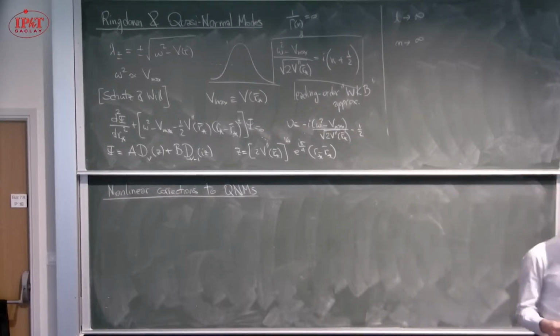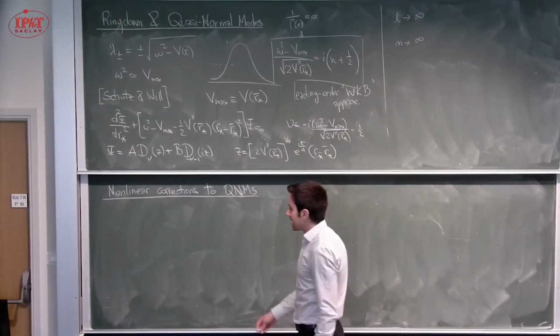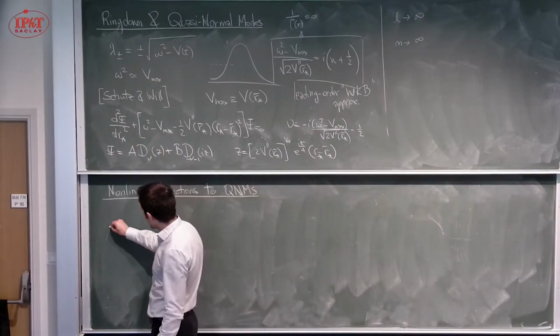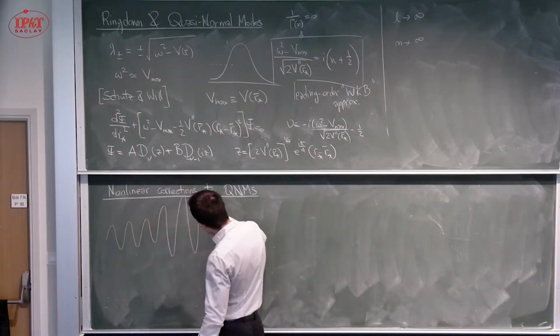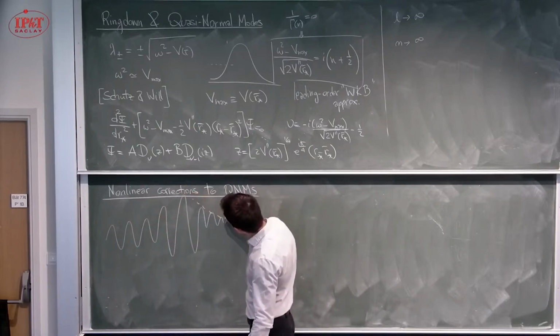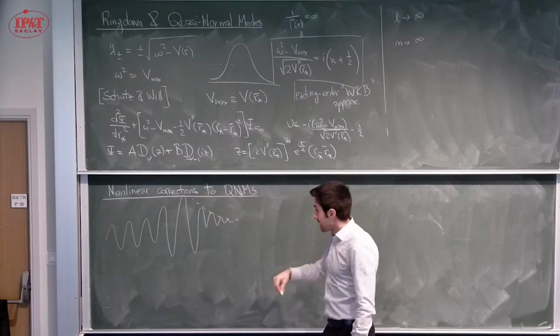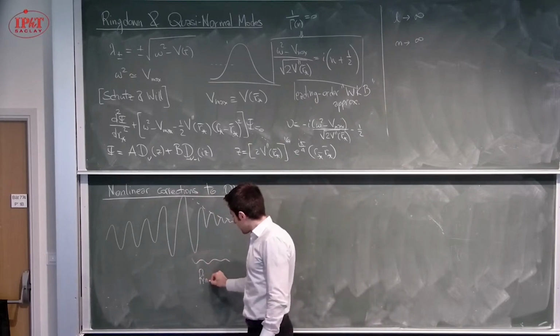Of course, if you get closer and closer to the merger, remember that the signal that we have in mind is the following. So we have some spiral, then we have some merger, okay, and then there will be some exponential damping. So of course we are discussing this part. So this is the ringdown that we are talking about.